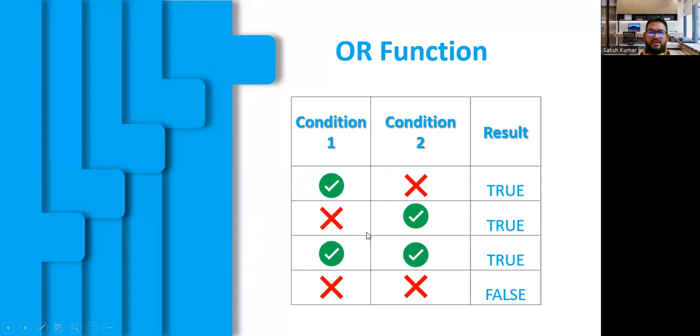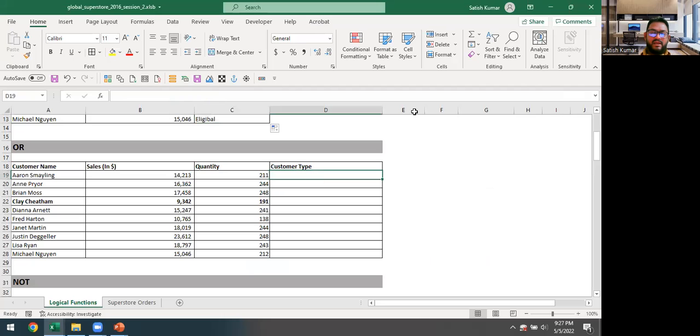Now see the example. We come back to our file. See, we have this OR function example. We have sales, quantity and the customer name. With the customer names, we have sales and quantity. Now we want to find out the customer type. We have two categories of customers, primary customer and standard customer.